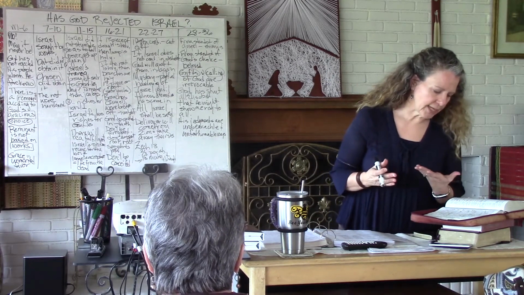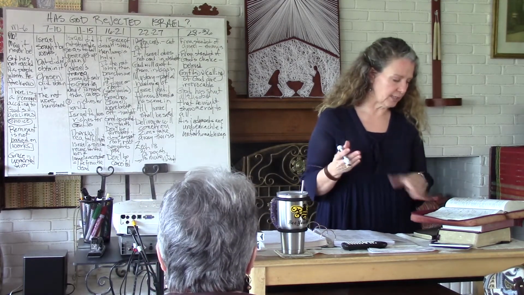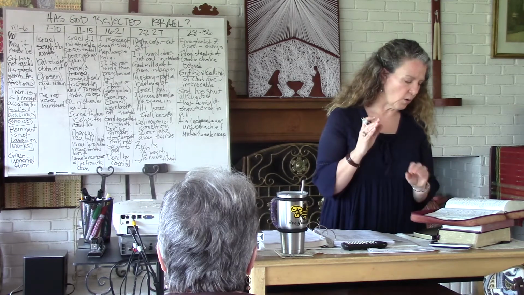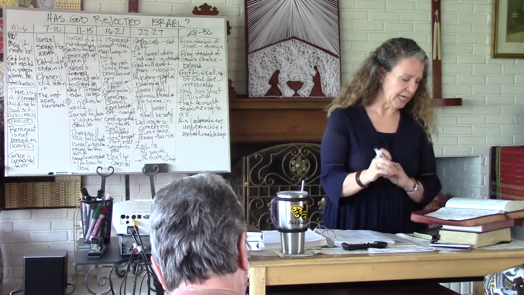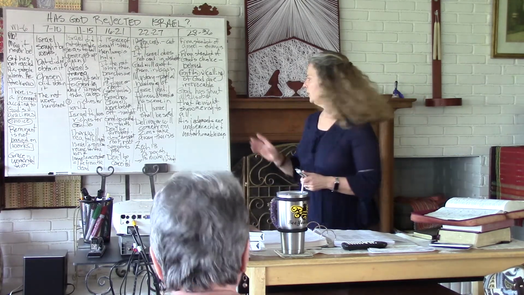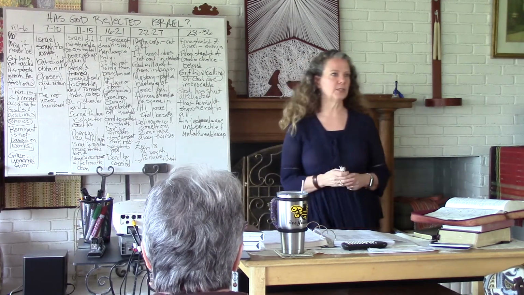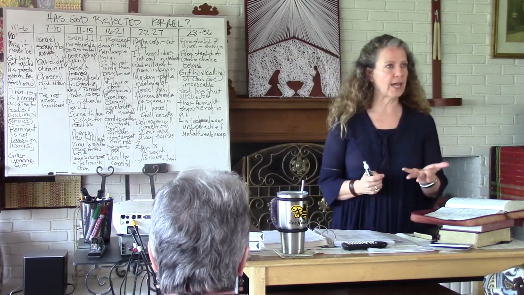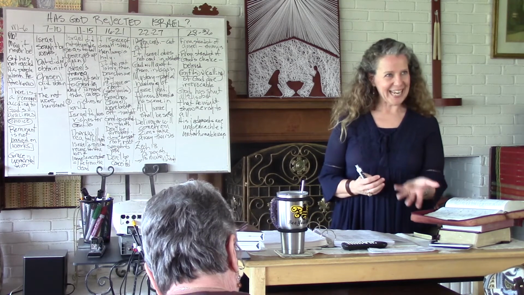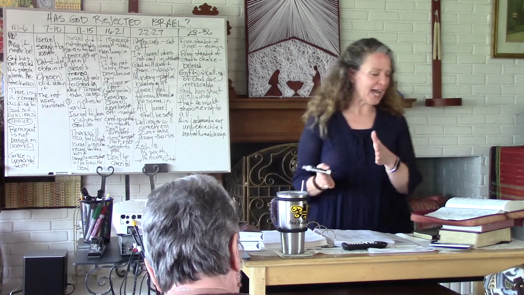For who has known the mind of the Lord, or has become his counselor, or who has first given to him that he might be paid back again? So when it's talking about his judgments being unsearchable and his ways unfathomable, it's a hard word to say, you can't fathom his ways.